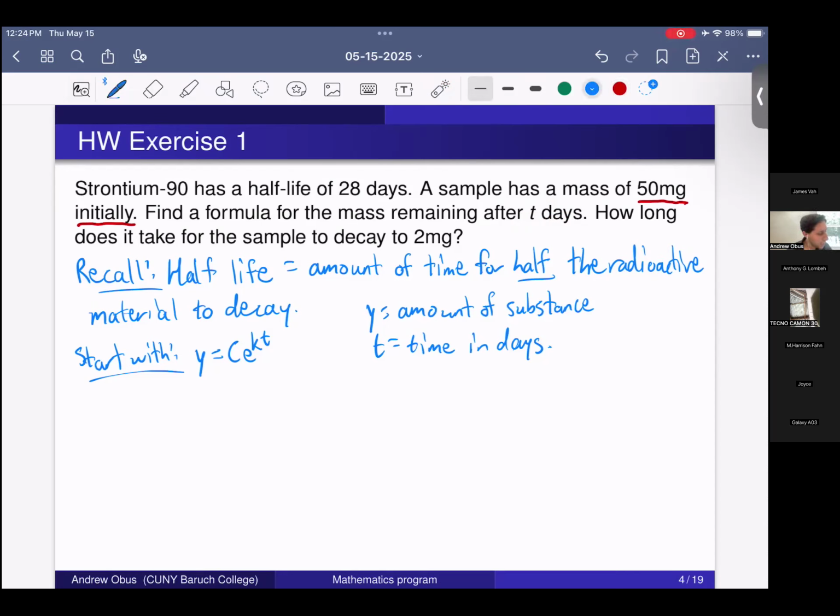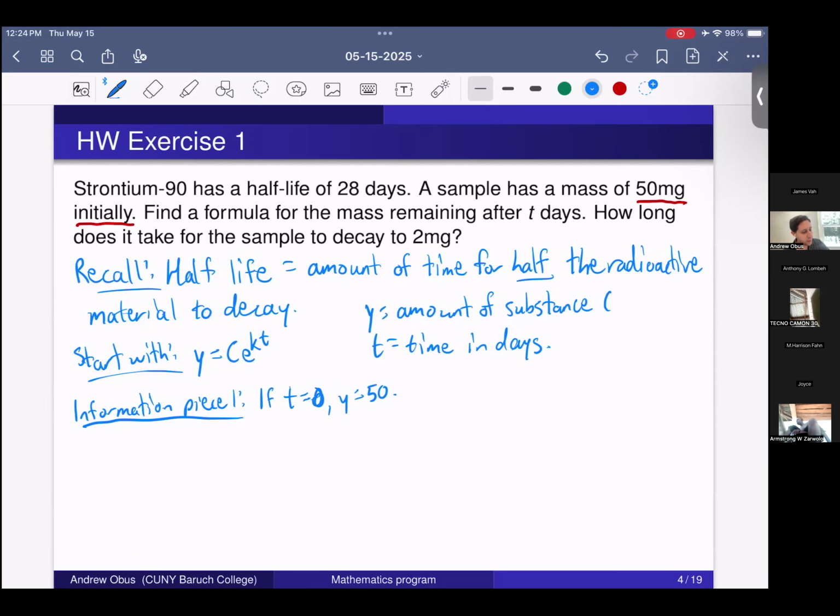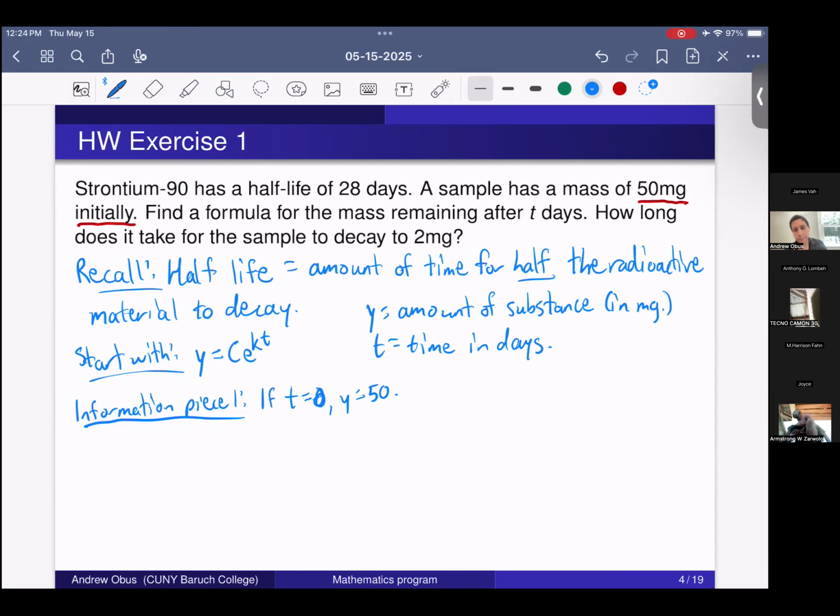Okay, so what this tells us is that information piece 1 says that if t equals 0, y equals 50, right? So this is the amount of substance in milligrams. Okay, so if t is equal to 0, y equals 50, because that's what it says. It has 50 milligrams initially.